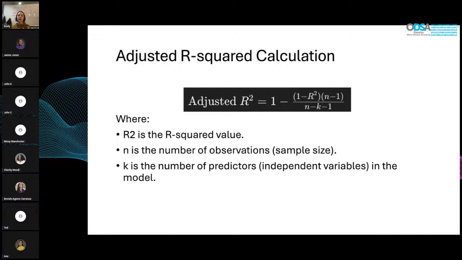So the big change that we're making in this metric is we're dividing by k. We're adding a component to this metric that considers the number of features.